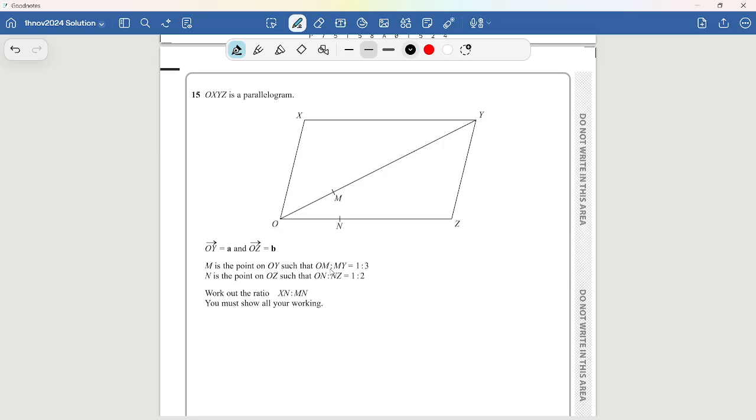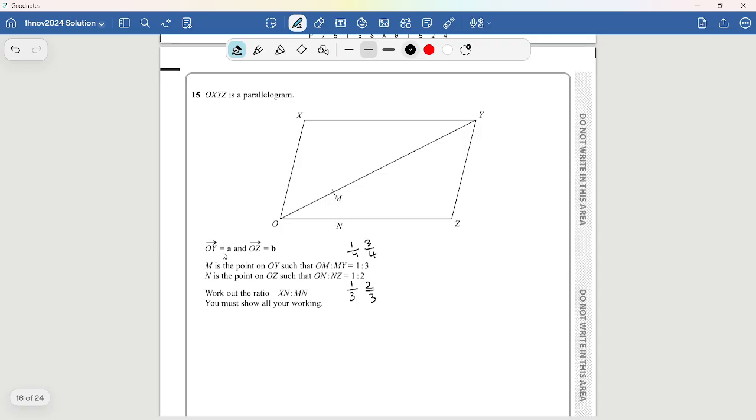OM can be expressed as 1/4 and MY as 3/4, because we have a total of 4 parts. Similarly, for ON to NZ, I can express it in fractional form as 1/3 and 2/3.